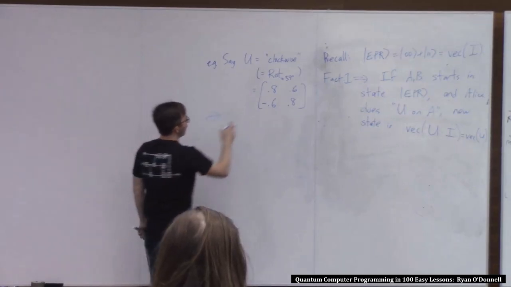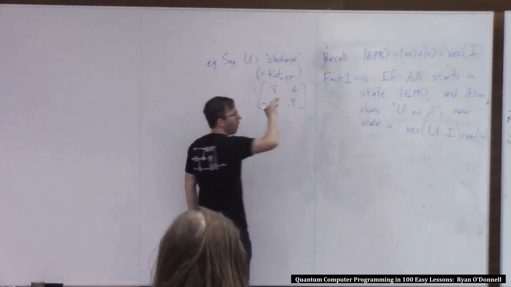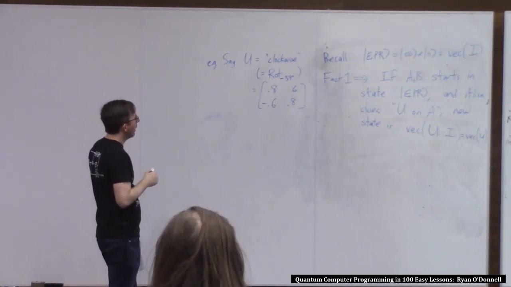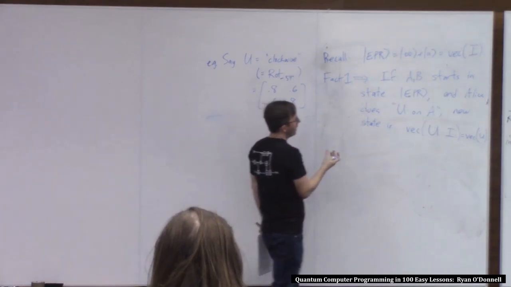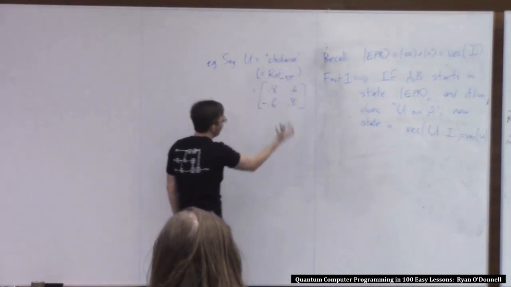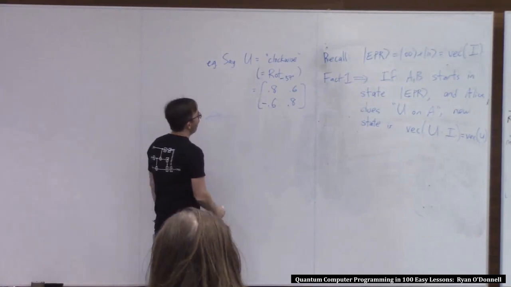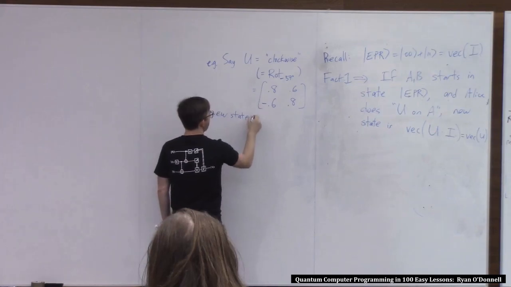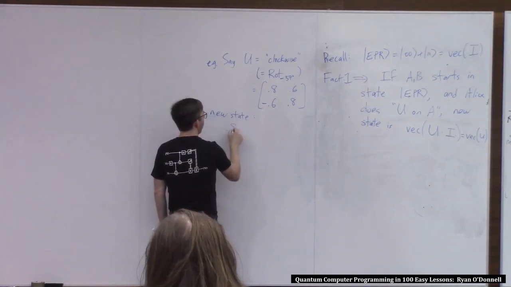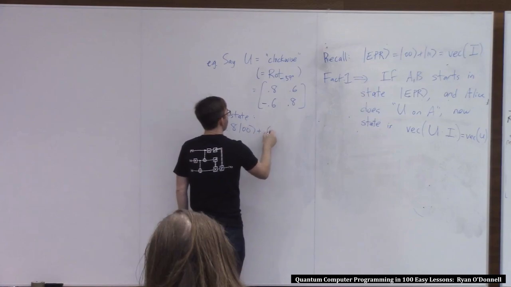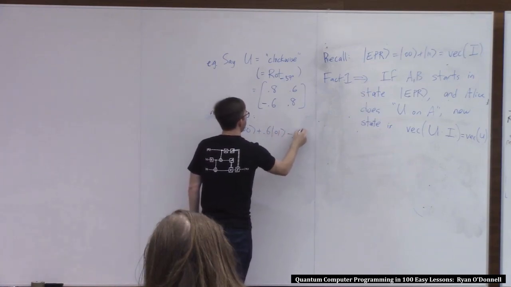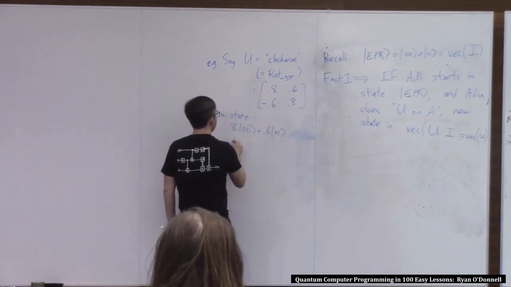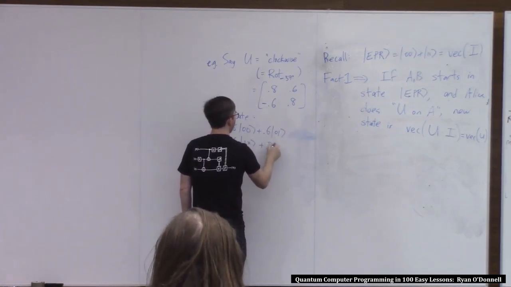Oh sorry, this should be negative 37, because clockwise for mathematicians is negative. So if you start in the EPR state and Alice does this clockwise operation, a rotation by minus 37 degrees, the new state is the vec of this, which is 0.8|00> plus 0.6|01> minus 0.6|10> plus 0.8|11>.